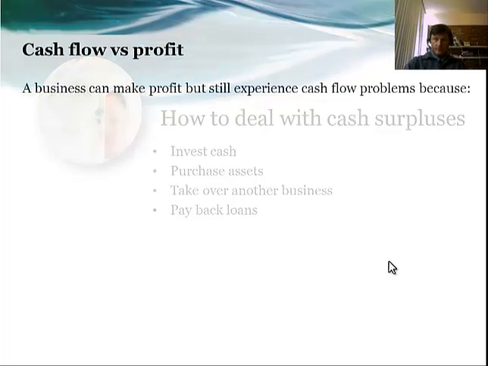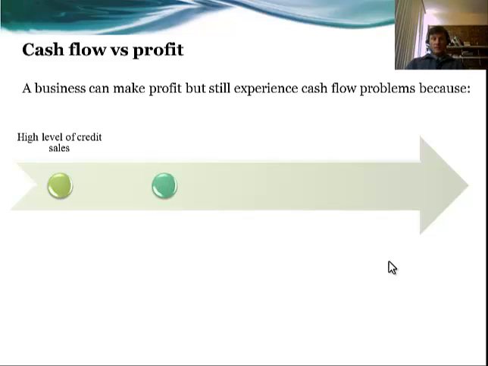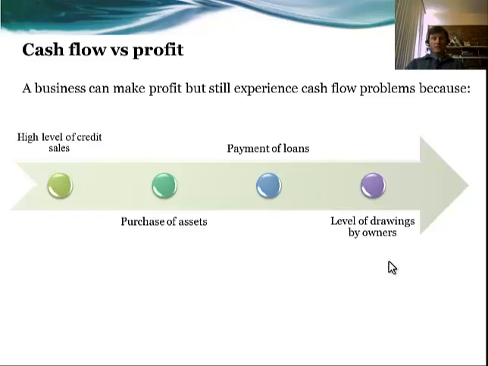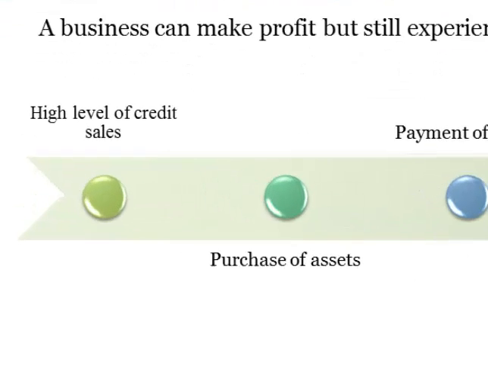When we look at cash flow, it's important to realise the difference versus profit. A business can make lots of profit, but still experience cash flow problems, and there's a number of reasons for this.